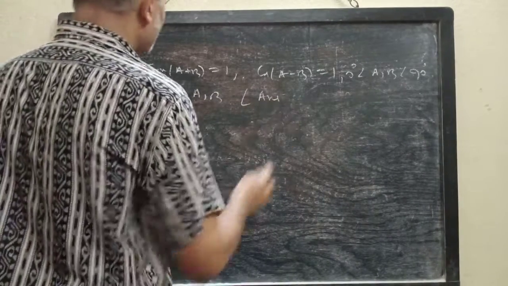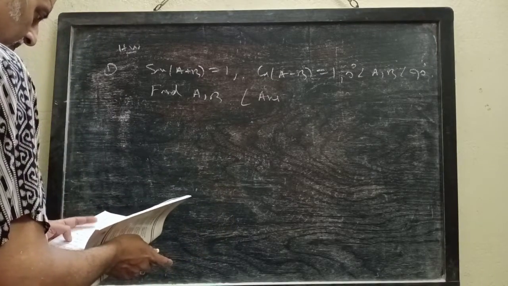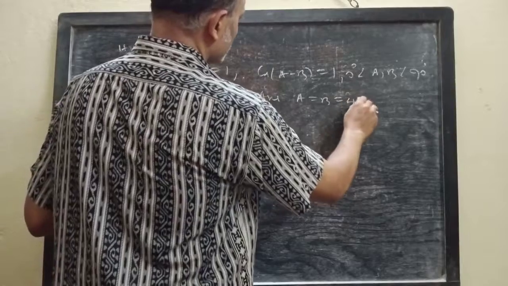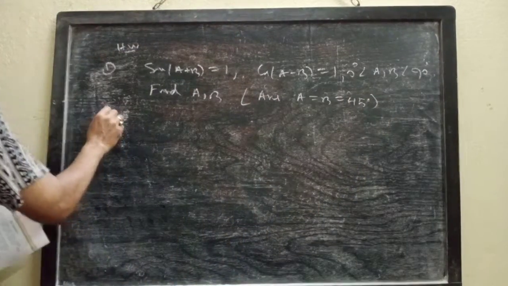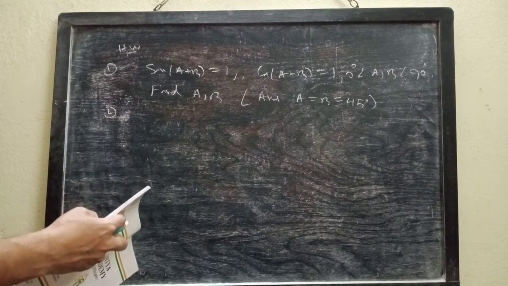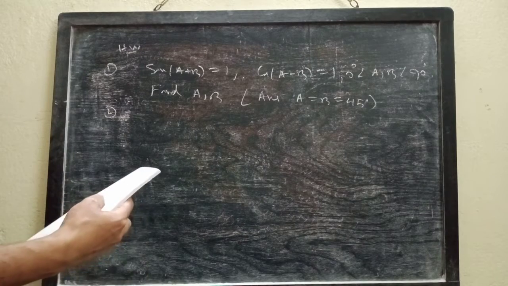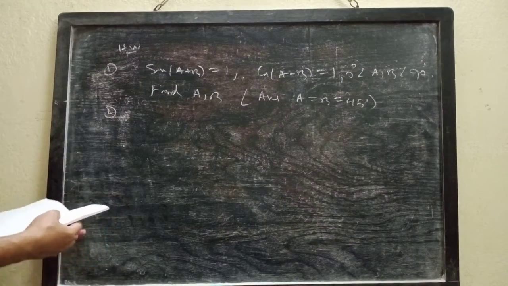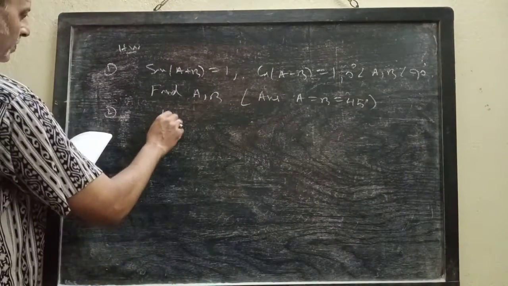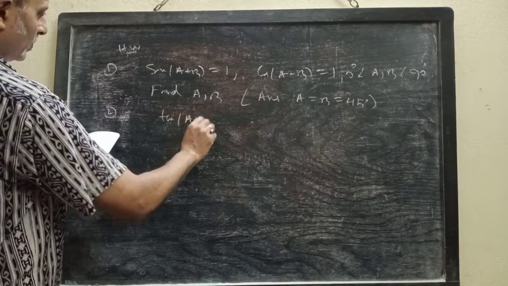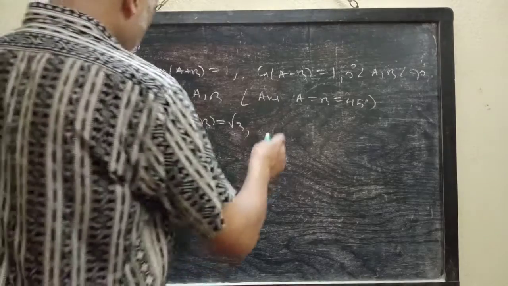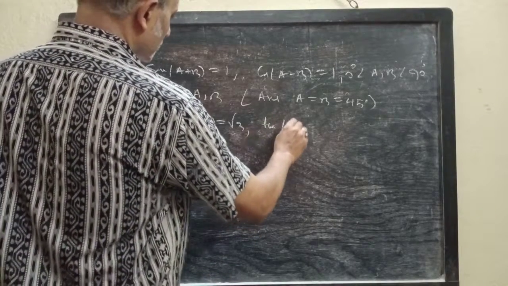Answer, both will be 45 degrees. Number 2. Tan of A plus B is root 3. Tan of A minus B is 1.